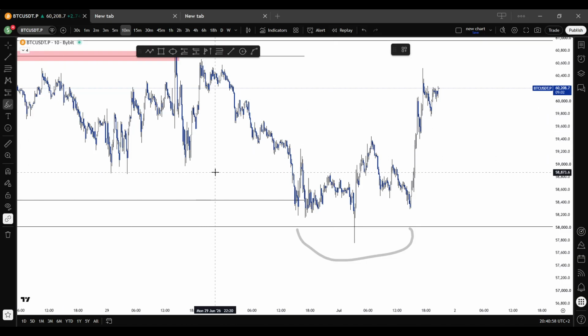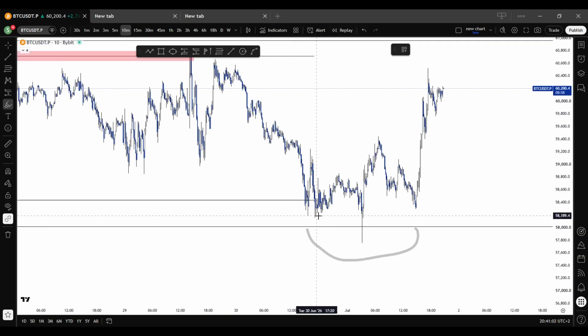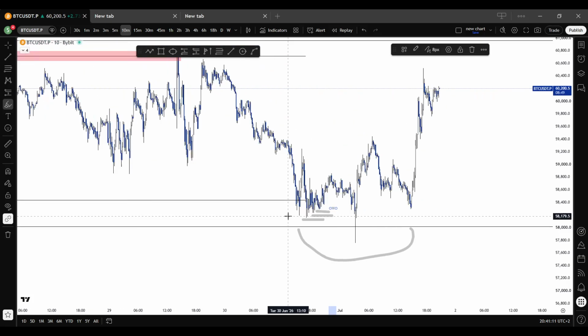And how does this work? Institutions purposefully stack the sell side liquidity. They let retail place their stop losses below each of those lows, and they do that because if they stop these longs out, the intention of the market makers is to go long.